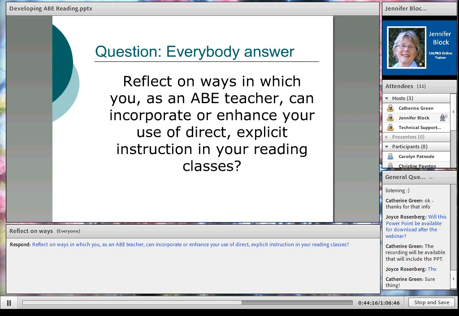Of course, direct explicit instruction applies to every content area, but it is equally important in reading as in anything else. If we could take a minute to answer this question.